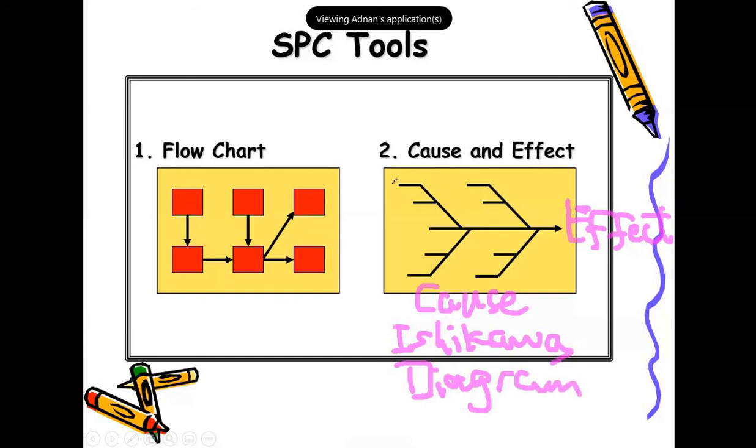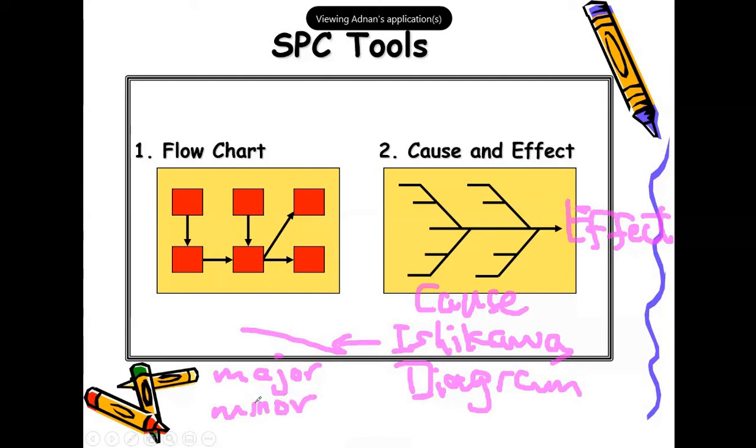We have this showing the different categories of causes. Normally we have major causes and minor causes, so we have to classify them.